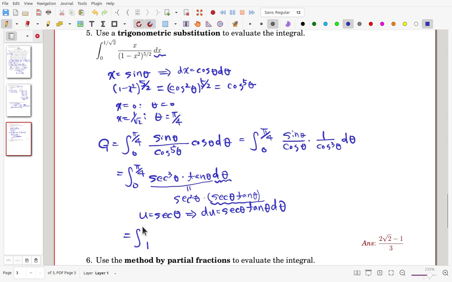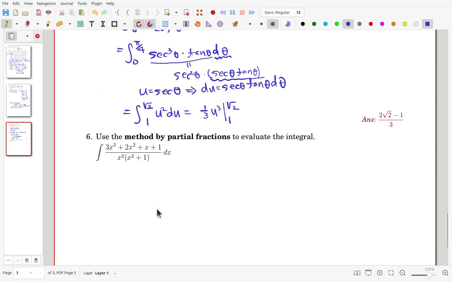Its reciprocal is square root of 2. And this portion is u squared du, right? So here that is 1/3 of u cubed from 1 to square root of 2. So you will get this value, okay?